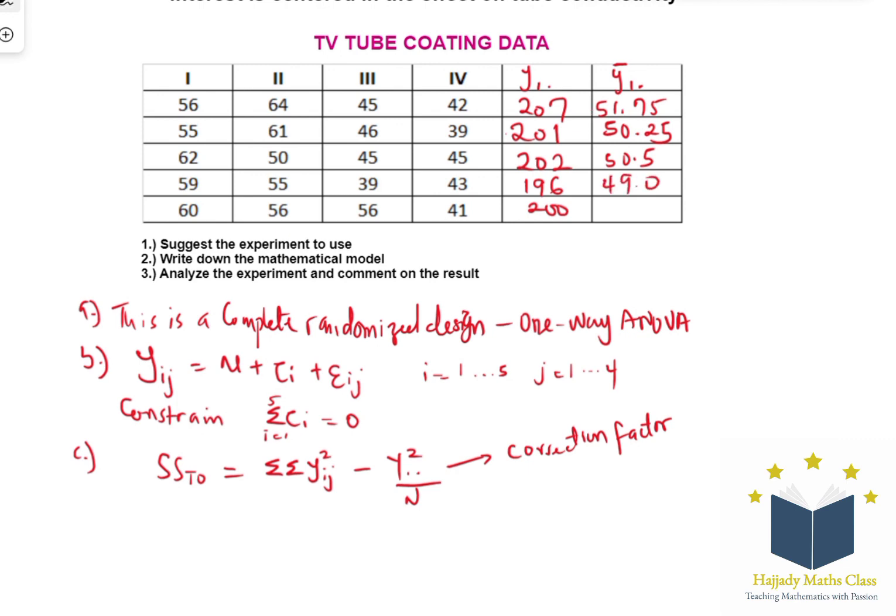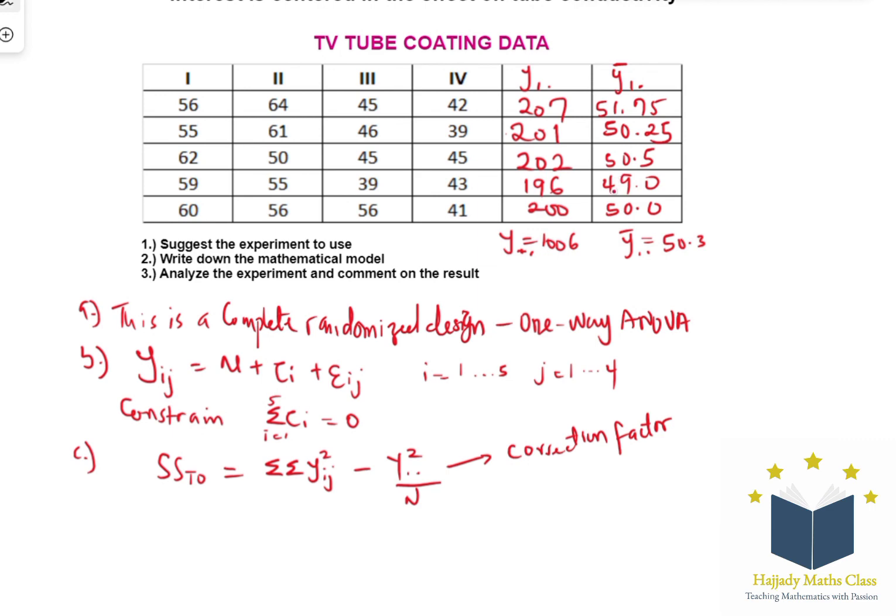And lastly, 50.0. So y dot dot, which is the grand total, summing this column together, gives 1006. And the grand mean, y dot dot bar, is 50.3. That is calculating the average of this column.